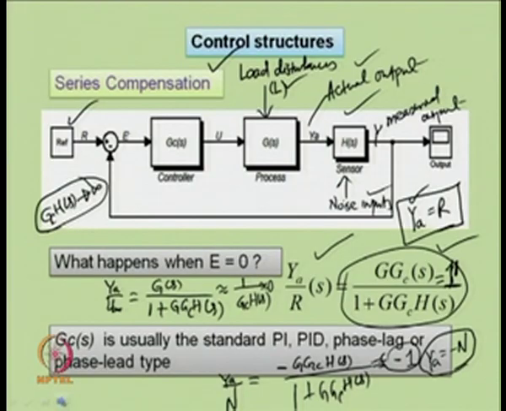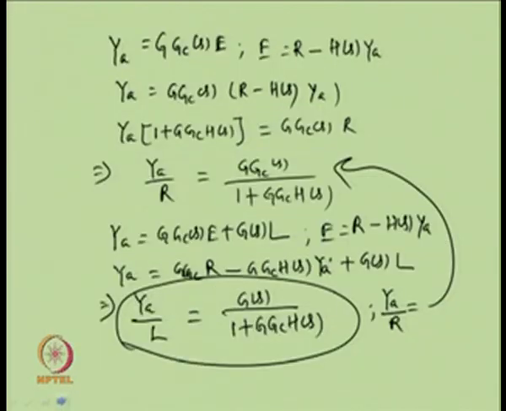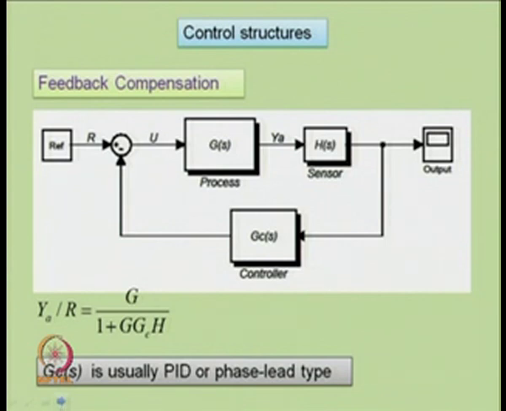Let us see another type of compensation scheme, often known as the feedback compensation scheme. Now, feedback compensation schemes are used for closed loop systems where regulatory response or disturbance rejection is the main objective.